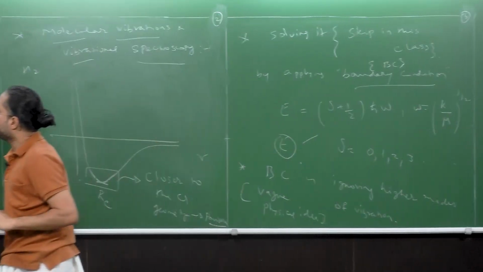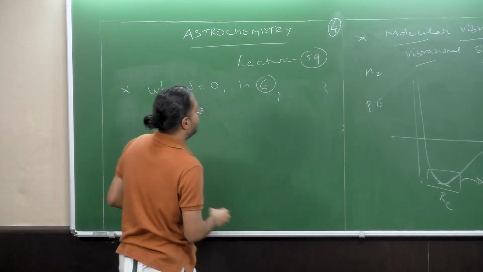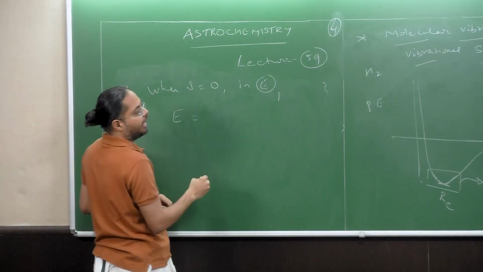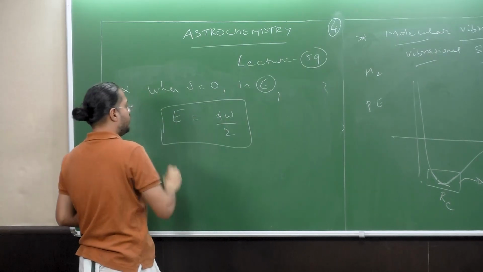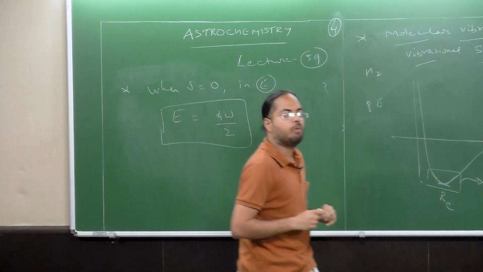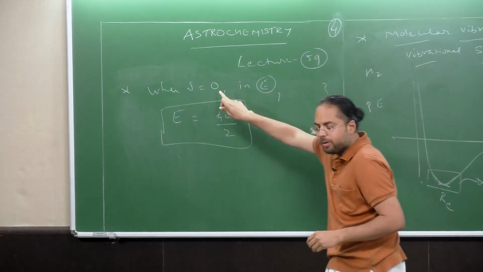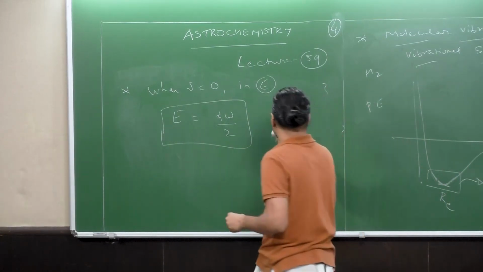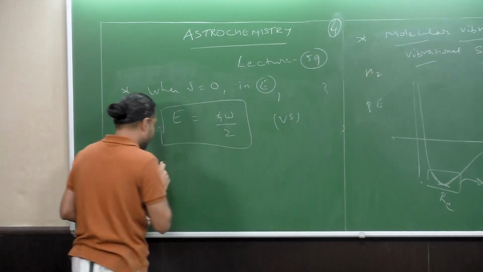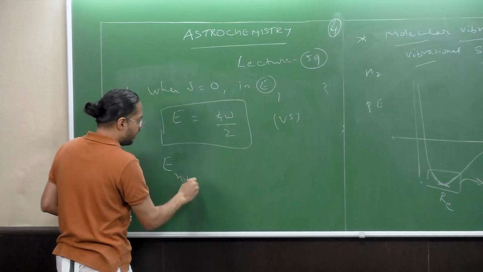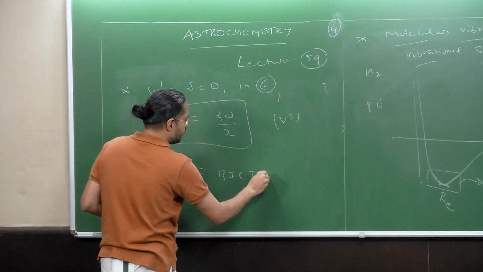Okay. So when nu equals 0 in expression E, my energy is going to be h bar omega by 2. Now, please note this. I want you to do a comparison between this expression, when nu equals 0 in expression E, versus the energy of rotation based on the rigid rotor model, which was Bj times j plus 1.